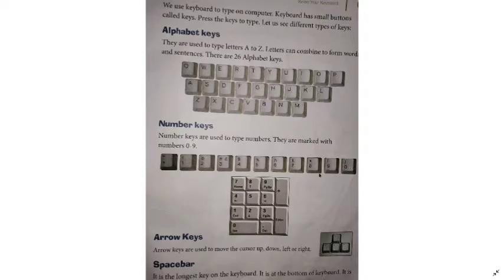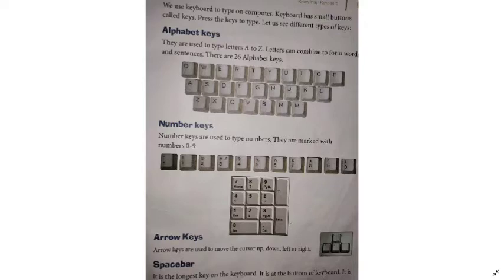Like look, 0, 1, 2, 3, 4, 5, 6, 7, 8, 9. These number keys are present just above the alphabet keys, and these are on the right corner of the keyboard. We have two number keys in a keyboard.